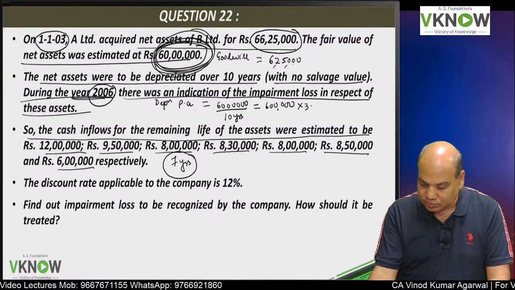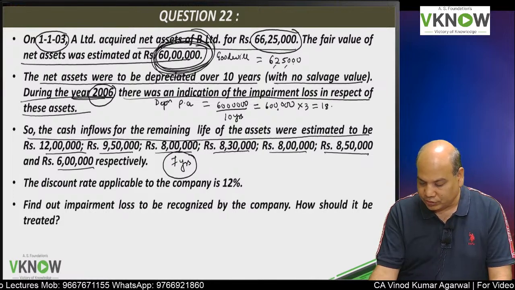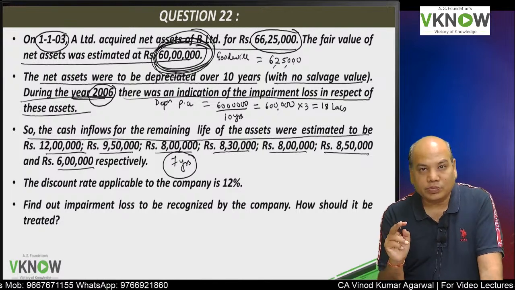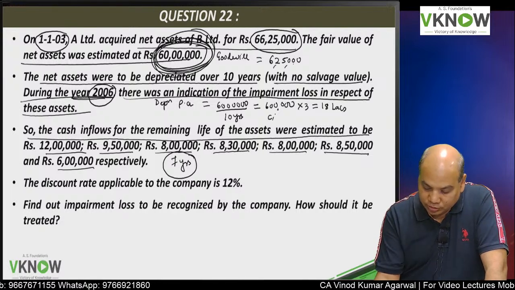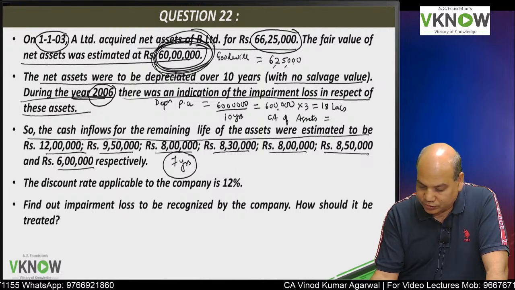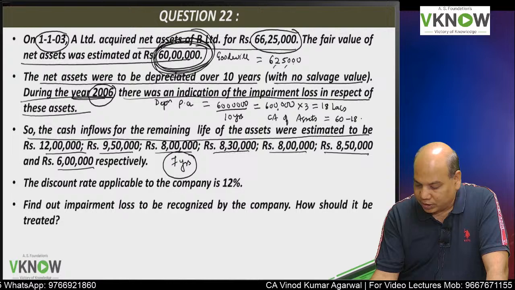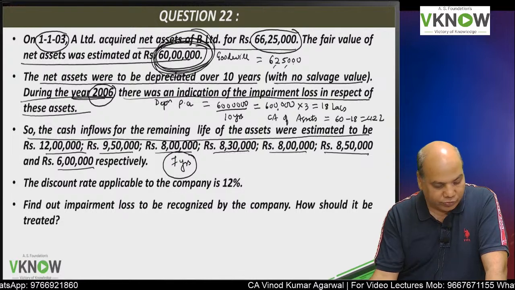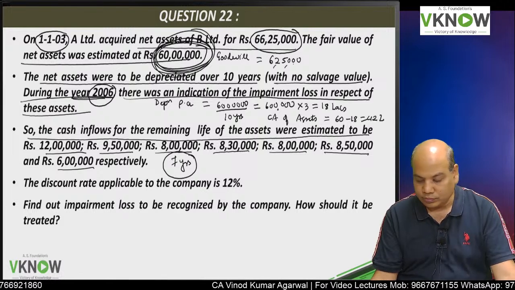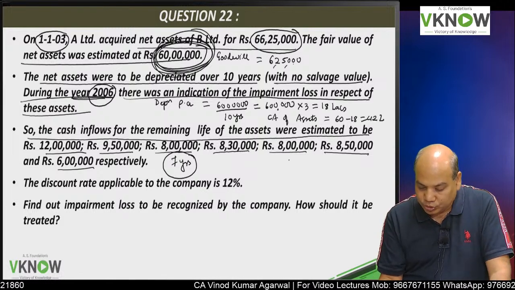Total depreciation provided is 18 lakhs, and the carrying amount of the asset would be 60 lakh minus 18 lakh, which is 42 lakh. Is it right? Now let us compute the value in use.